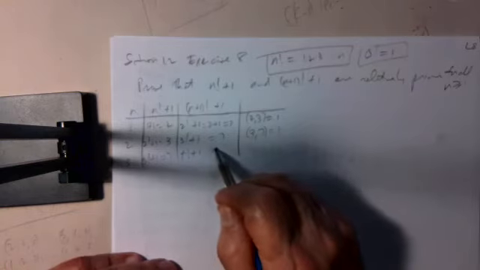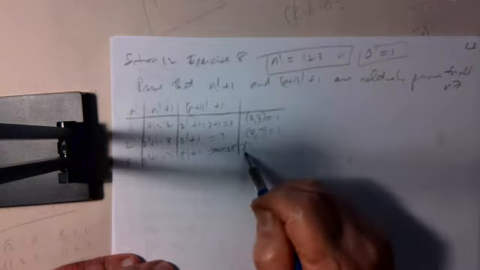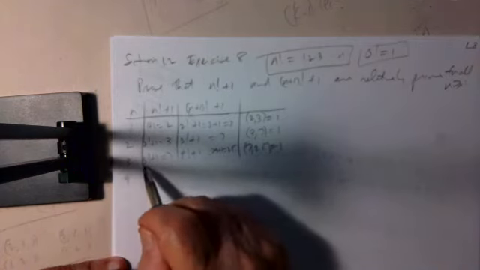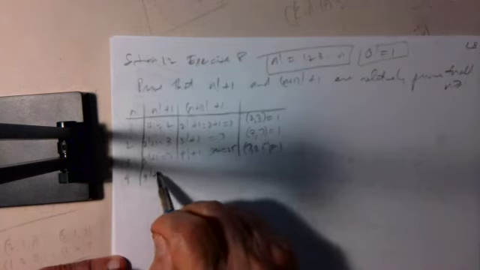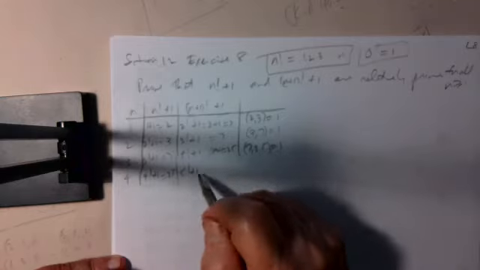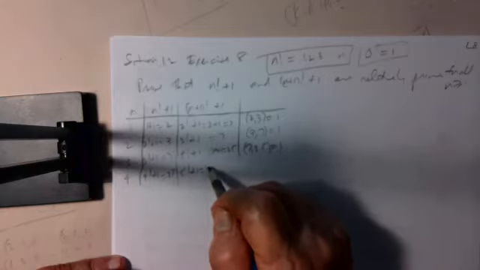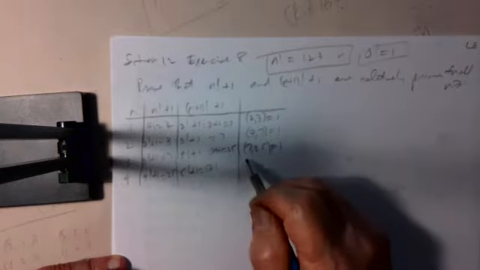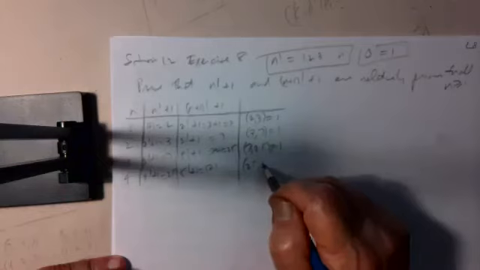Yeah. 4 times 3 times 2 times 1 is 24, plus 1, which is 25. And the greatest common divisor of 7 and 25 is 1. Let's do one last one, n equal 4. 4 factorial plus 1, we just saw, was 25. 5 factorial is 120, plus 1 is 121. And the greatest common divisor of 25 and 121 is also 1. So at least for very small values, this is true.